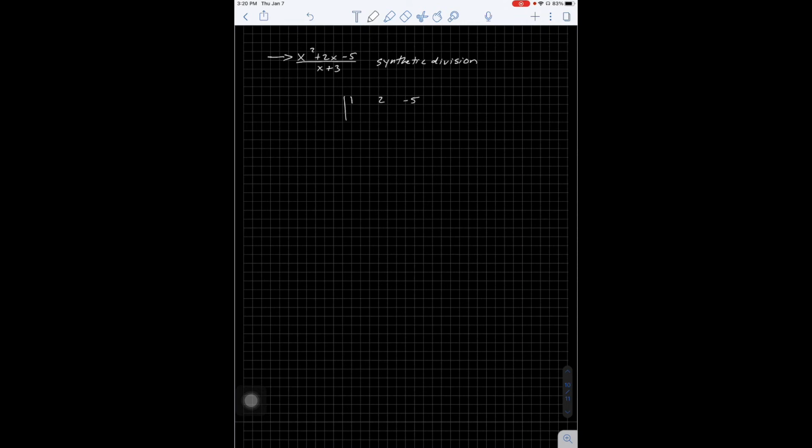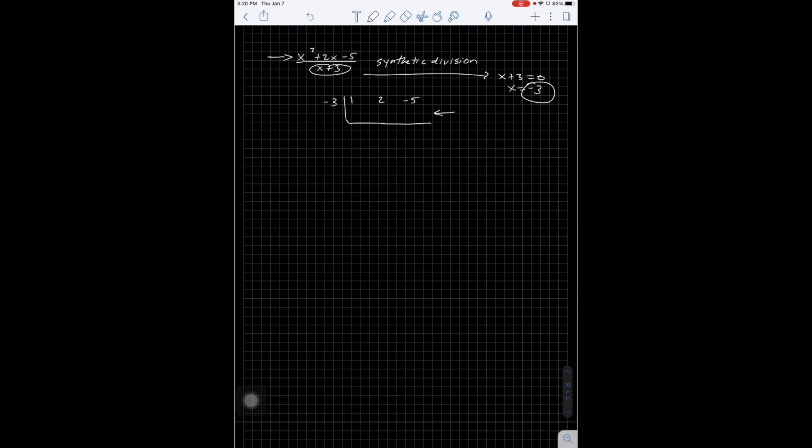Then you're going to write a bracket around it, and you want to save some space because we're going to write numbers in that spot underneath. And then you're going to take your denominator, whatever that is, and set it equal to 0. And the answer that you get as your solution is going to go right here.